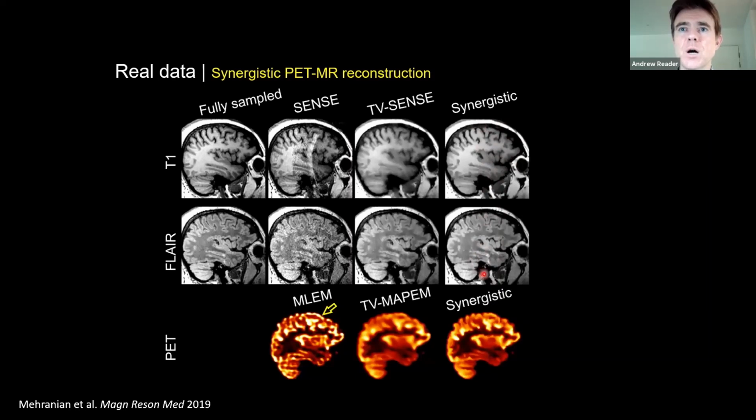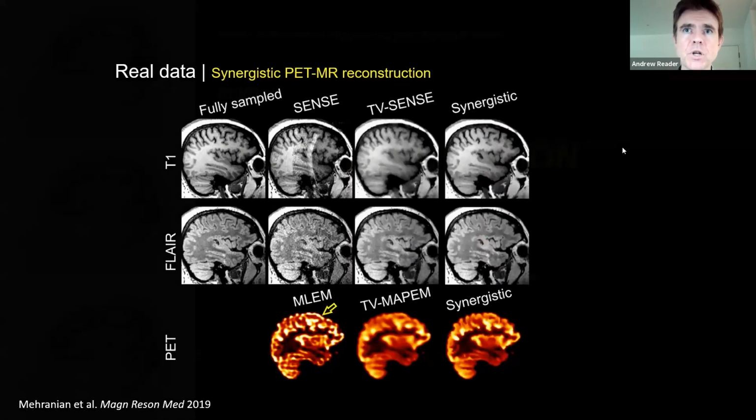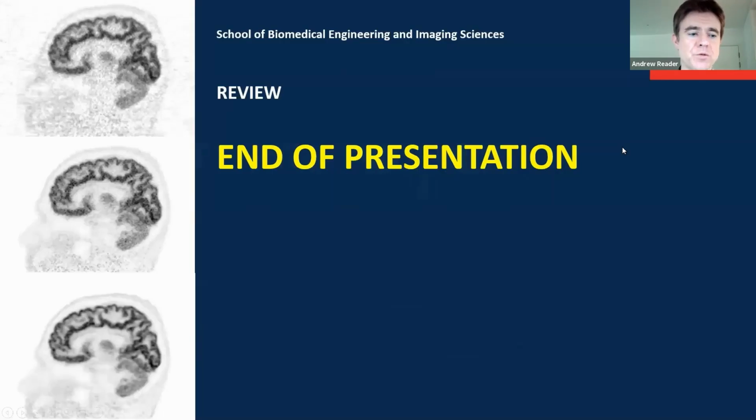And of course, the method does apply, as we've implied, for reconstructing different contrasts in MR by using all the other contrasts to help guide the reconstruction. So that's all I wanted to present in terms of concepts of guided and synergistic reconstruction in the context of PET-MR. I'm happy to take any questions before handing back to Chris.